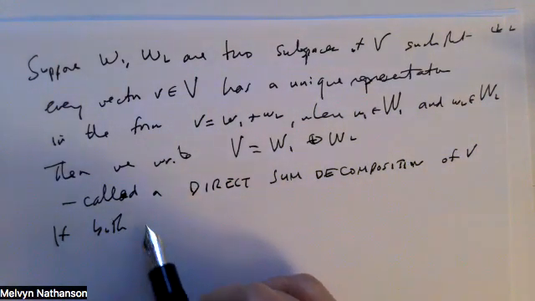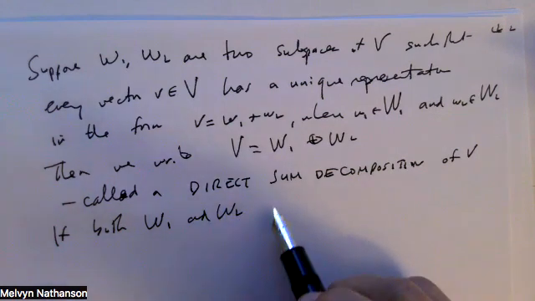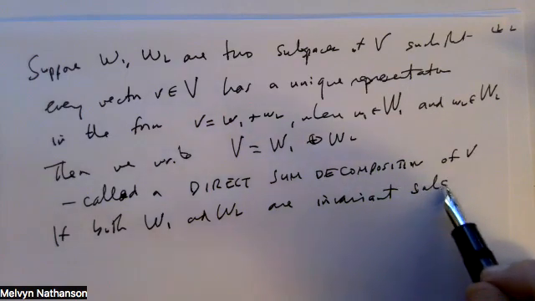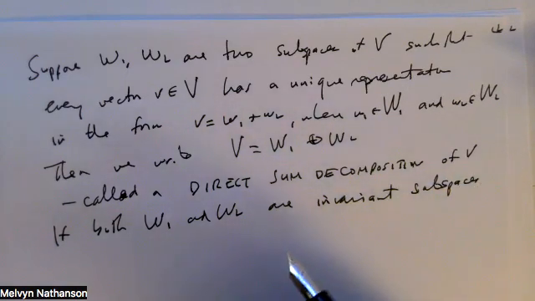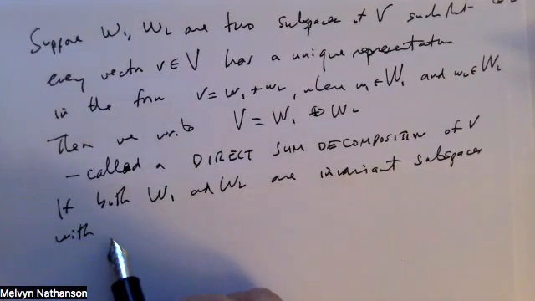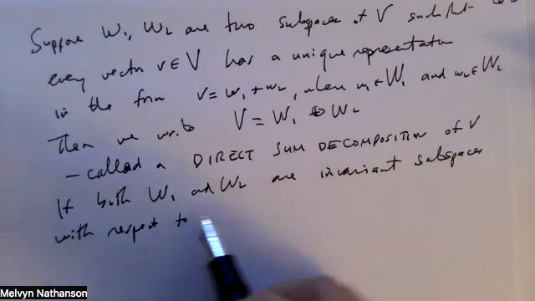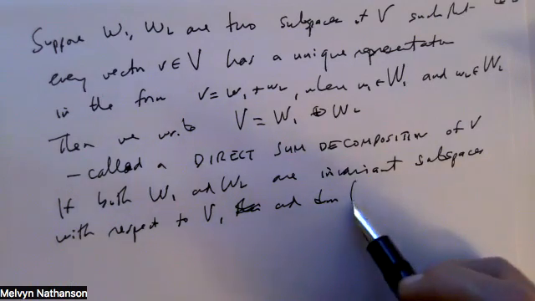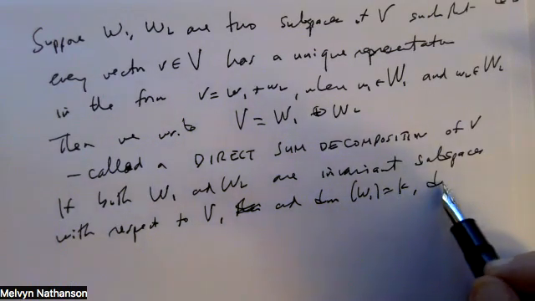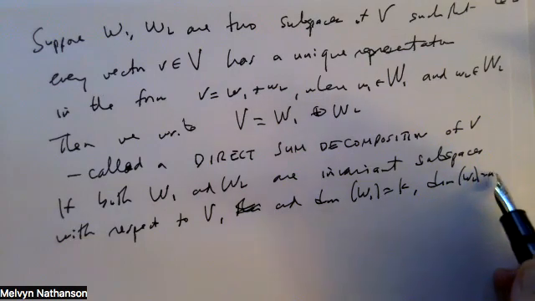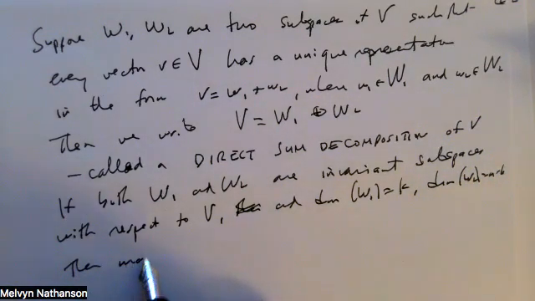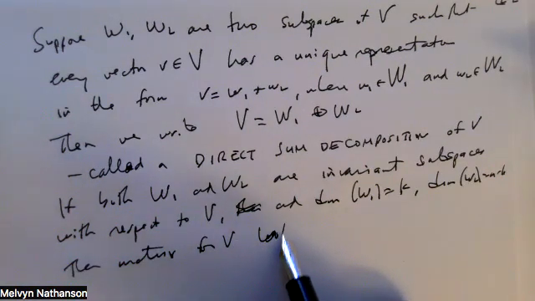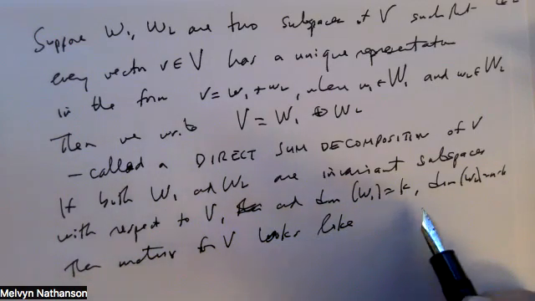And if both W1 and W2 are invariant subspaces with respect to T, and let's say the dimension of W1 is k, and the dimension of W2 is n minus k, then the matrix for T with the right basis looks like this.